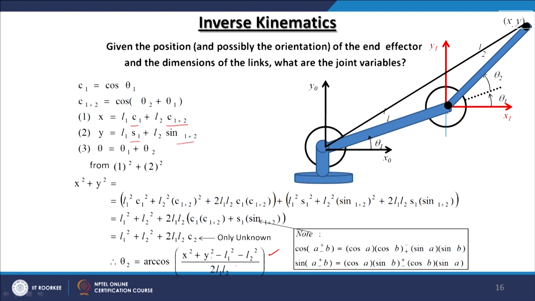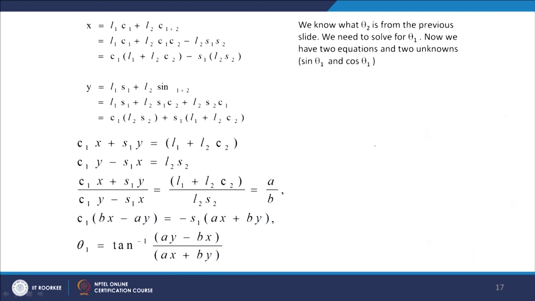Now, for each such value, we can get a value of theta 1 in the following way. We have x equal to L1 cos theta 1 plus L2 times cos of theta 1 plus theta 2, which we expand like this, and we want to find theta 1. So, we write x as cos theta 1 into this bracket minus sin theta 1 into this bracket. We call them A and B, because theta 2 is already found, so these brackets are known to us.